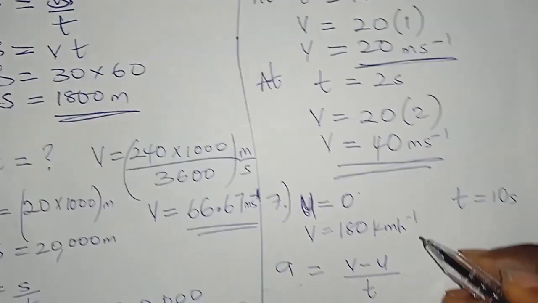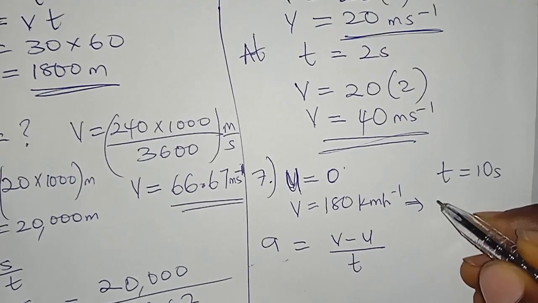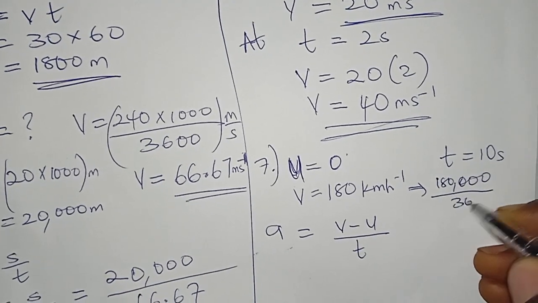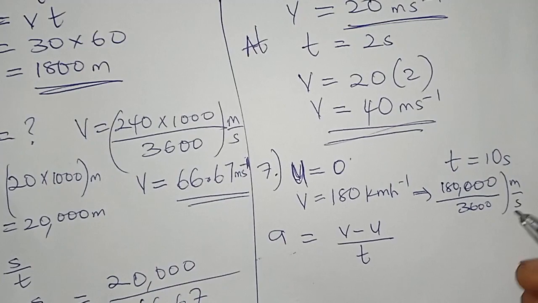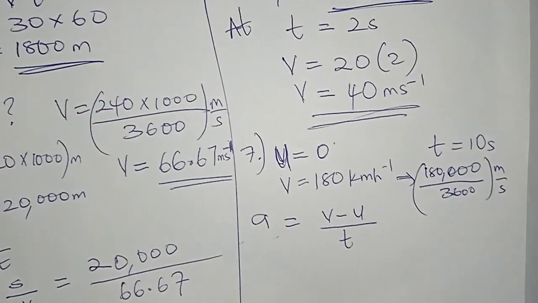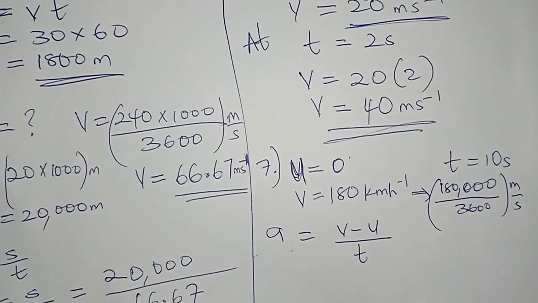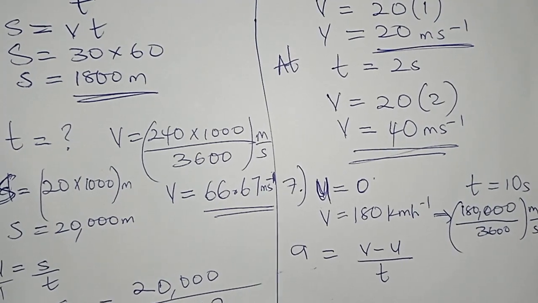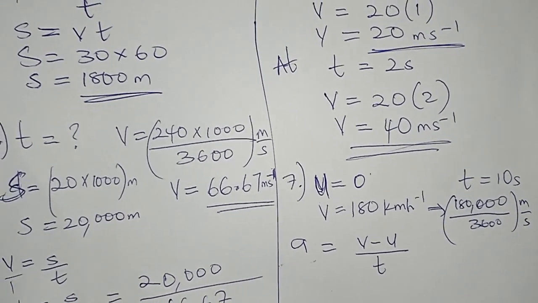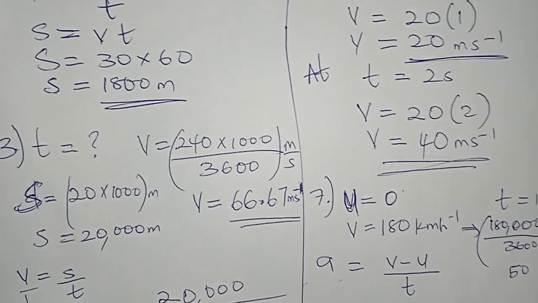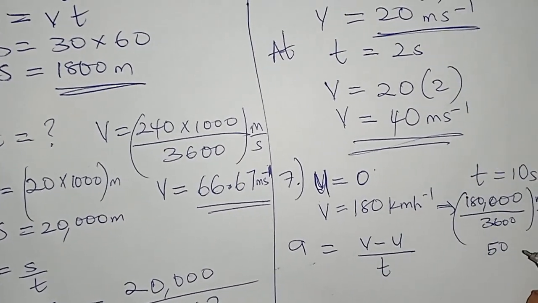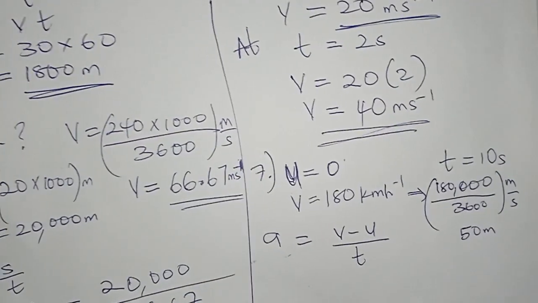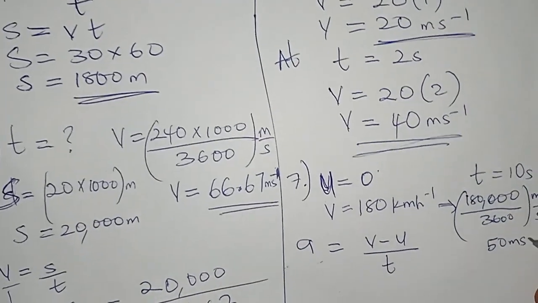They gave us the velocity in km per hour, so we convert: 180,000 all over 3,600 meters per second. 180,000 divided by 3,600 gives us 50 meters per second.